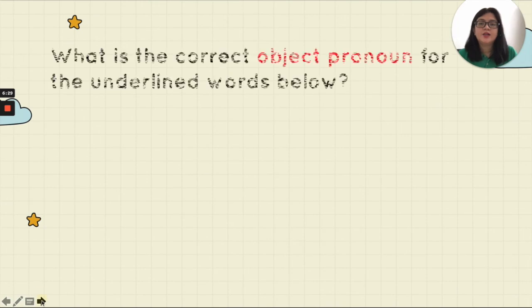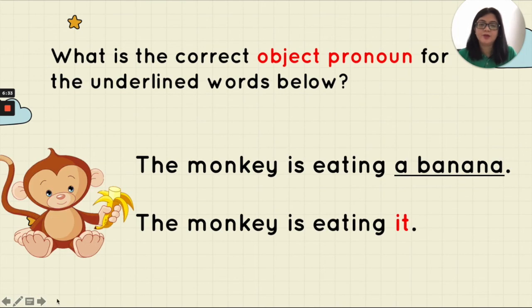Next, what is the correct object pronoun for the underlined words below? The monkey is eating a banana. A banana. It's only one, so you can change it to the word it. You have your verb eating and then followed by your object pronoun.